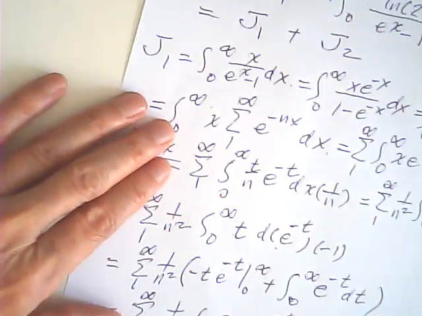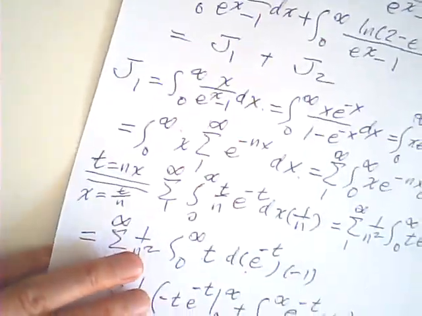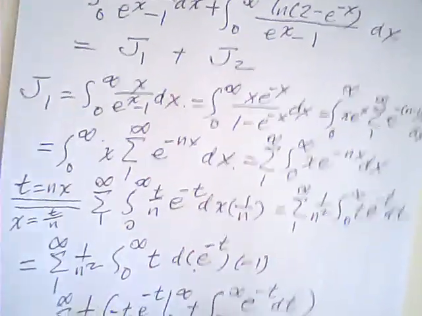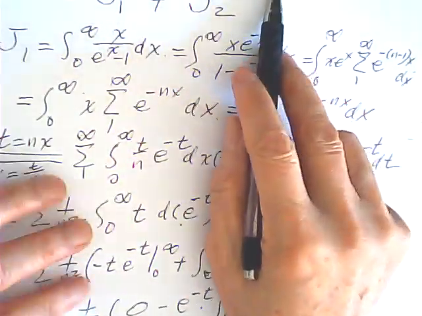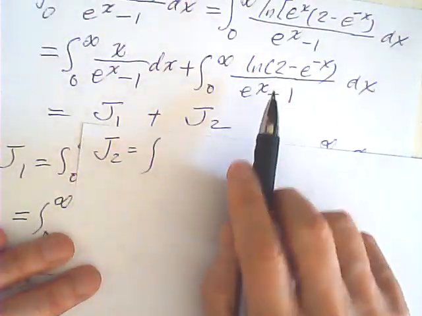Now then J2. J2 is this. All right, we copy J2.